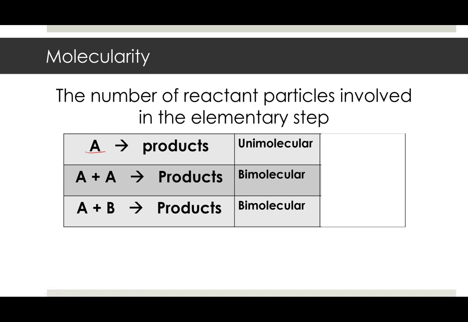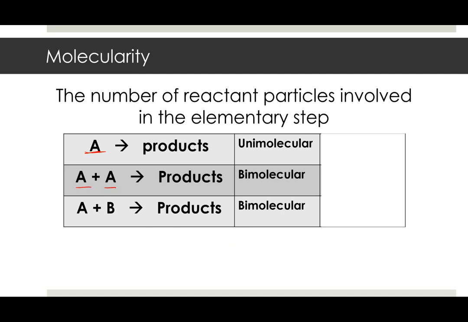So if there's just one reactant, so this could be something like 2 molecules of water break down into H2 plus O2. Okay. So this would be an example of a unimolecular. We've got one reactant as our, that's not a good example. We've got one thing as our reactant. So if H2O breaks down, we've got one reactant. It's a unimolecular.